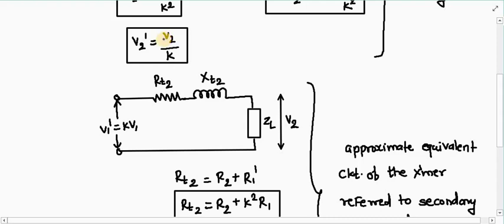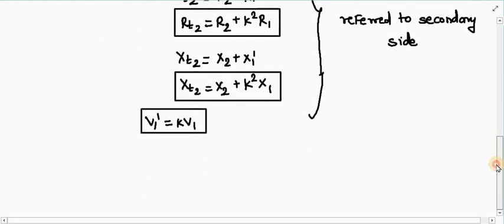Similarly, in the case of the transformer, when the transformer is not delivering any current to the load, at that time the voltage available across the secondary terminals of the transformer is equal to the induced EMF E2 across the secondary winding, right? So I can write down, when my transformer is on no load, then my E2 is nothing but equal to V2, right?